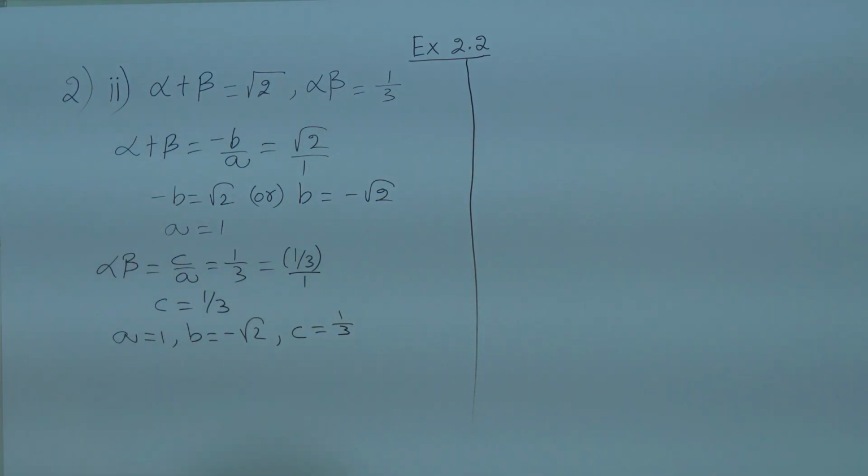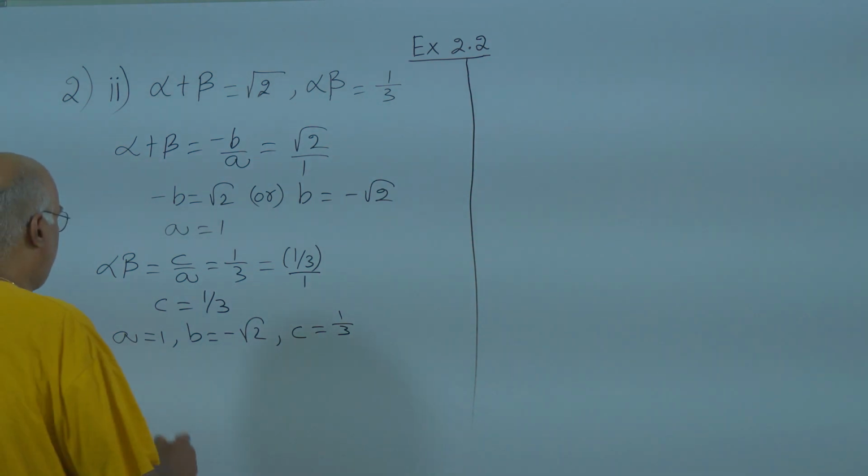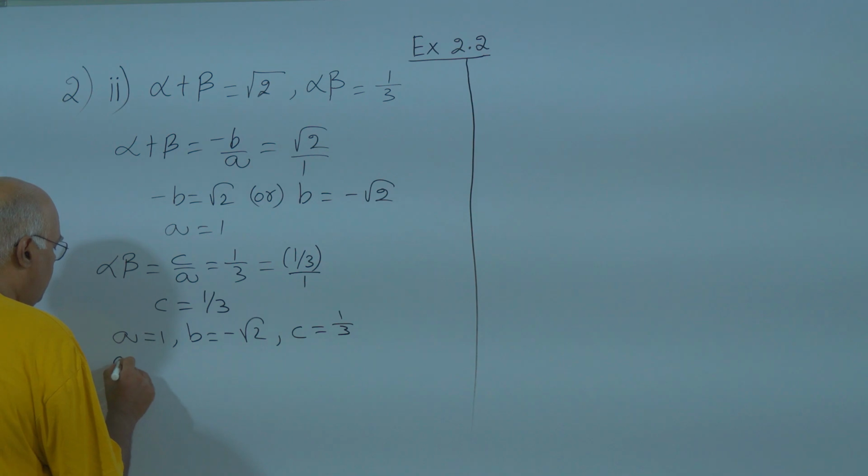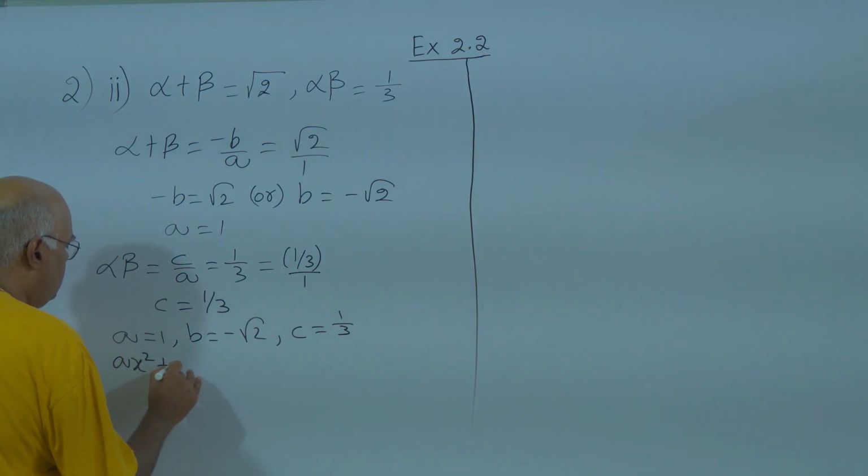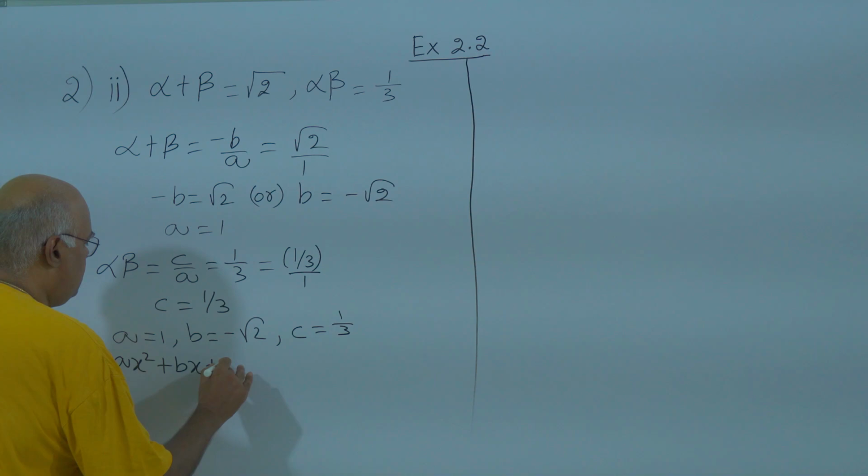From these values, we will frame the quadratic polynomial. We know that the standard form of the quadratic polynomial is ax square plus bx plus c.